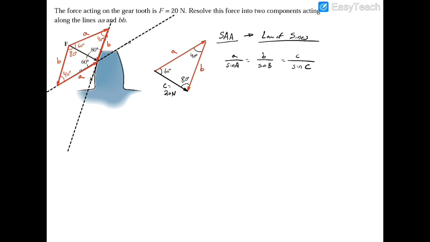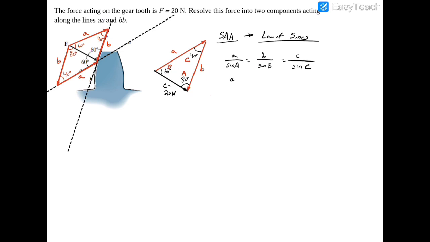And now what are the opposing angles? Well, if I were to draw a line going to the opposite angle of A, that would point to the 80 degrees. So I'm going to just mark this up and say that this here is A, and then this here is B, and the 40 degrees will be C. And those are all capital letters, so hopefully that clears things up a bit.